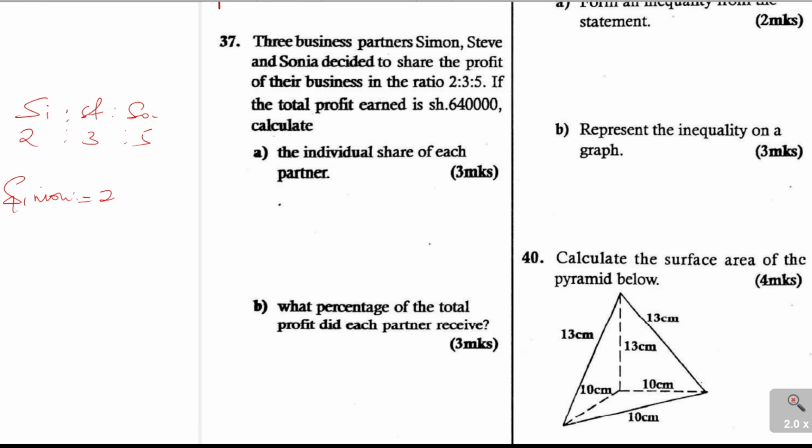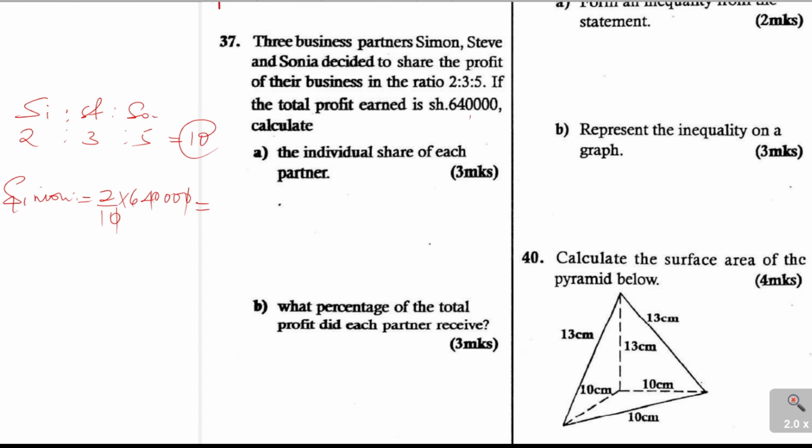You need to get the sum of the ratios: 2 plus 3 plus 5 gives 10. Therefore the proportion for Simon is 2 divided by the total, which is 10, multiplied by 640,000. That is what you're supposed to do.